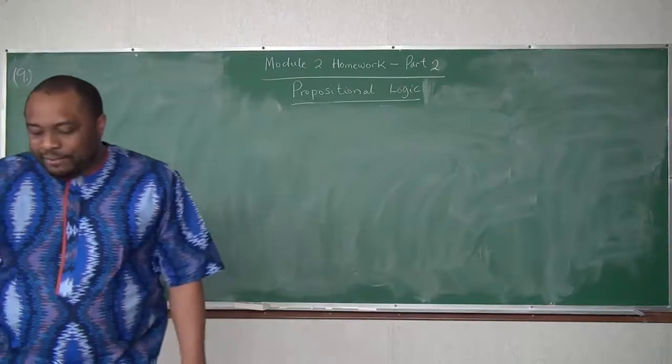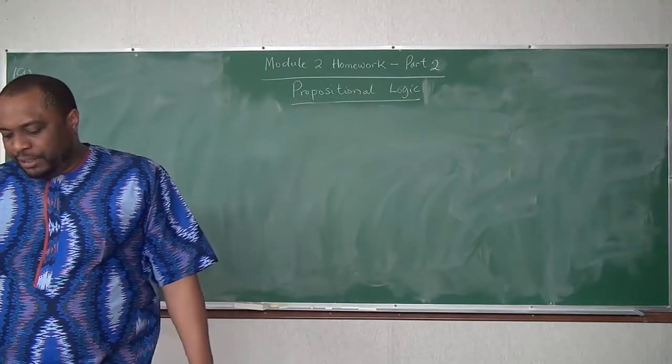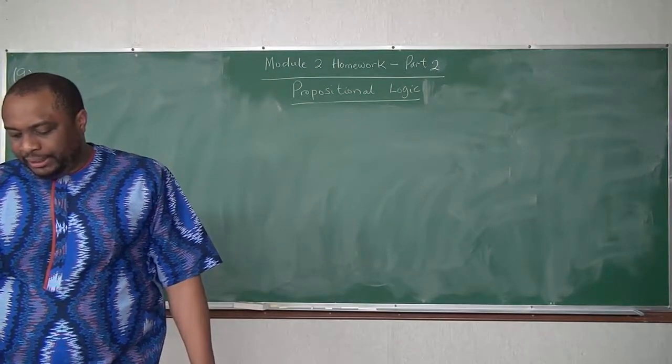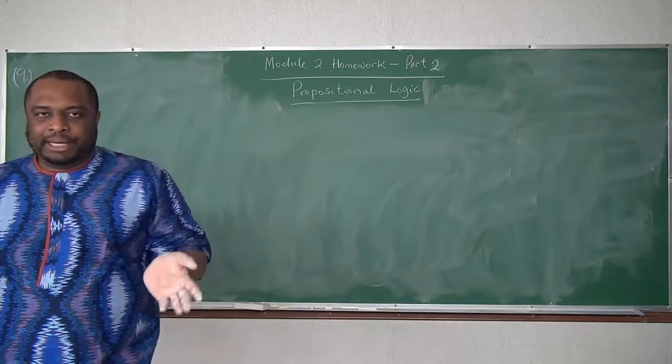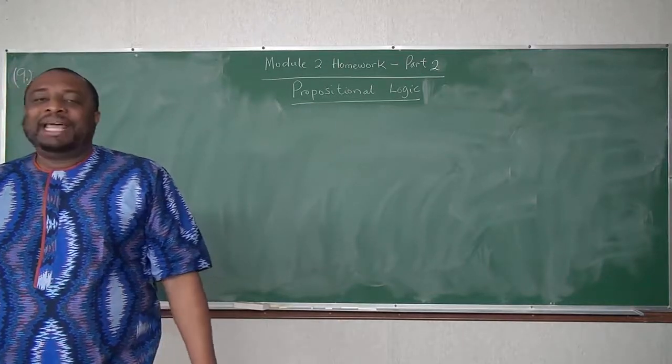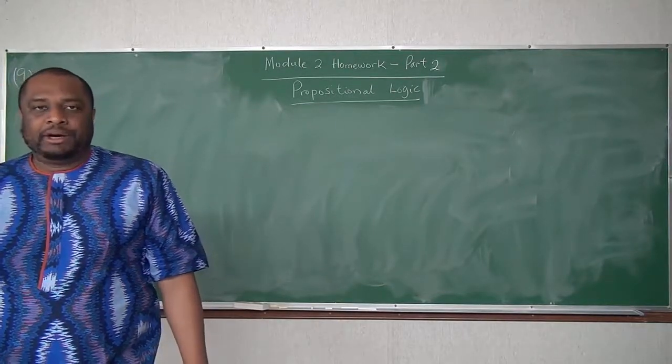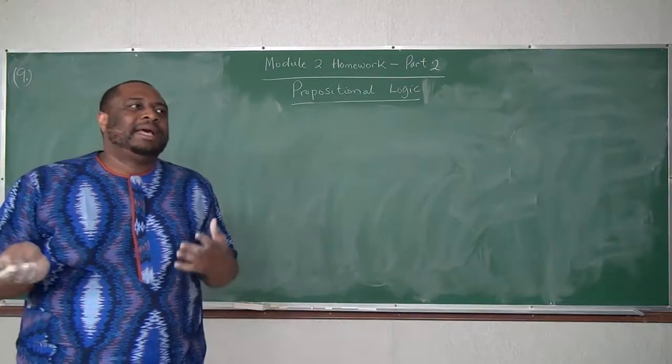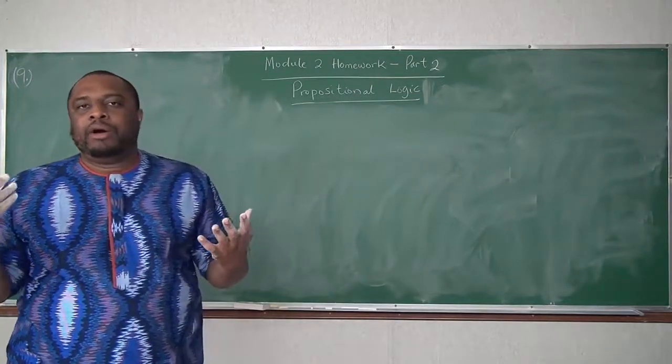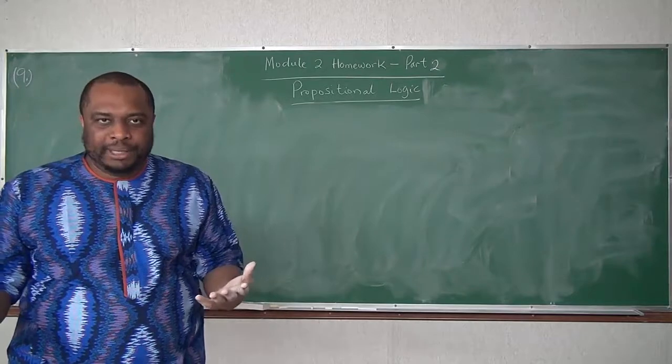It says, write each of the arguments below symbolically. That's write it in symbolic logic. And then explain whether it is valid or not. So determine the validity or invalidity of the arguments.